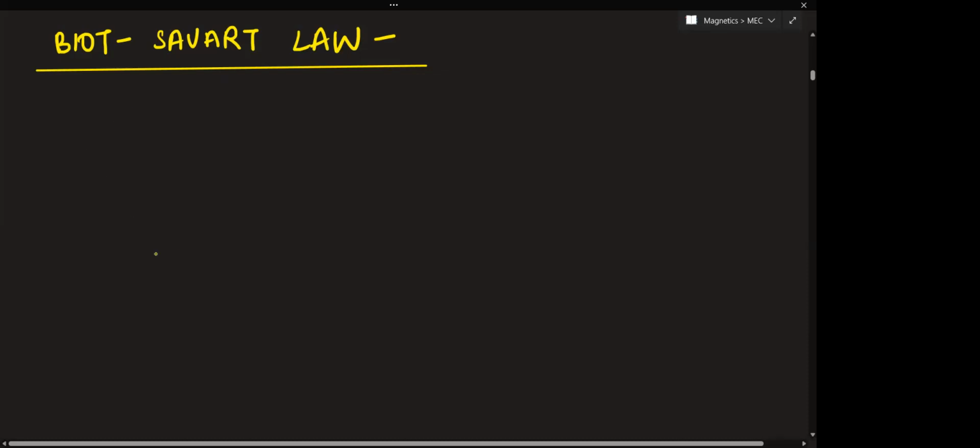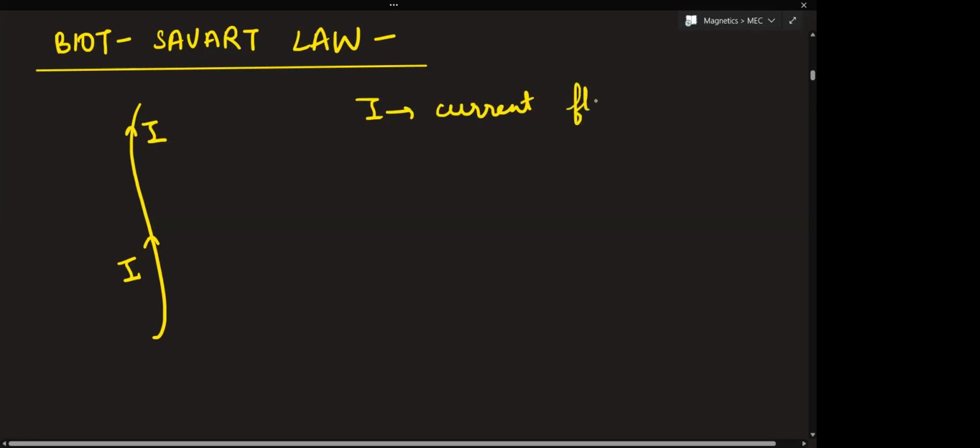Suppose you have a wire. A current carrying wire is there. A current I is flowing through it. I is the current flowing through the wire.